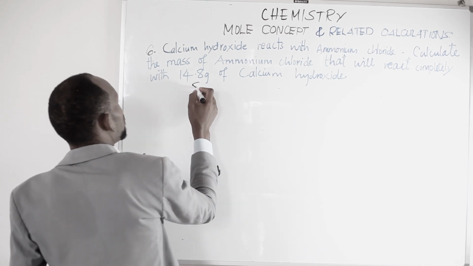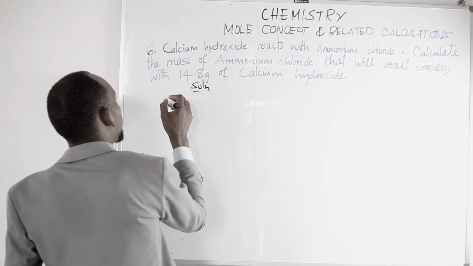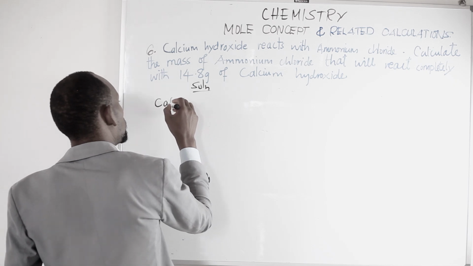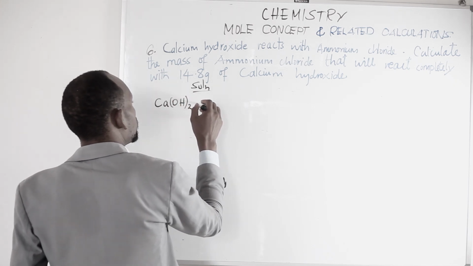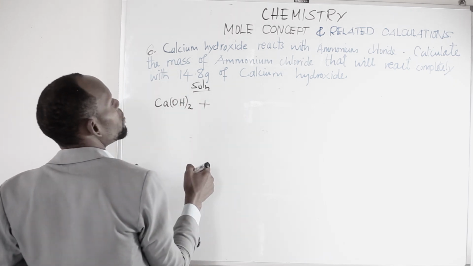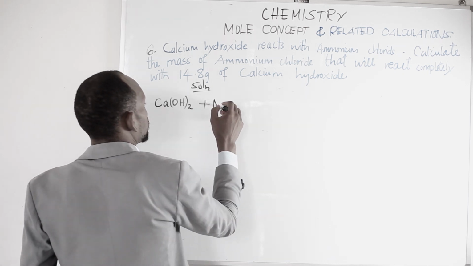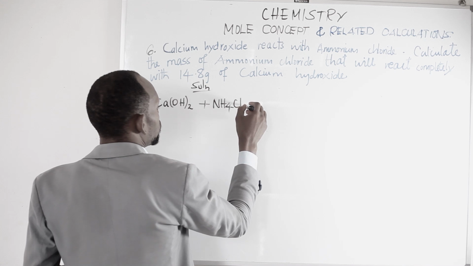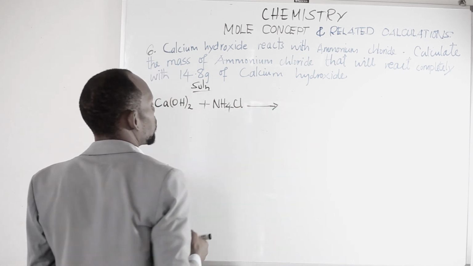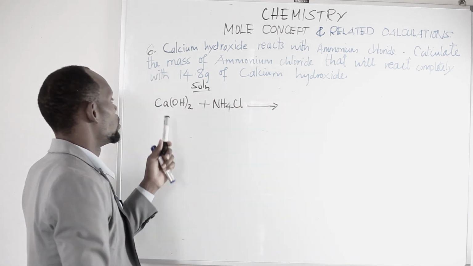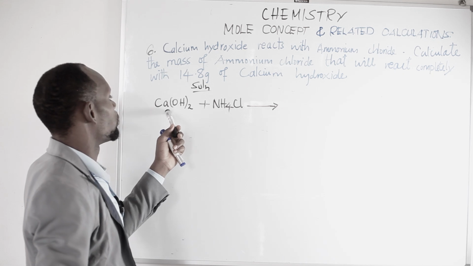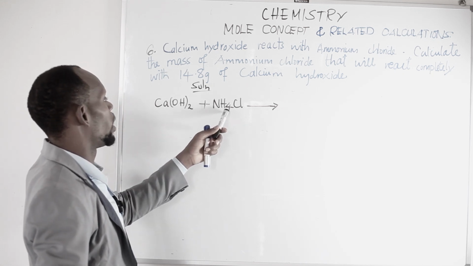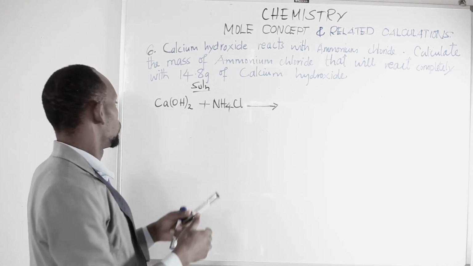So here we go. This is calcium hydroxide reacting with ammonium chloride. This is the chemical formula for ammonium chloride. What will be the products? This is a salt, however it is an acidic salt.